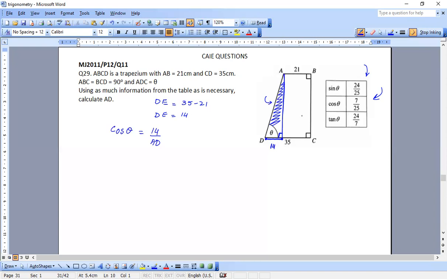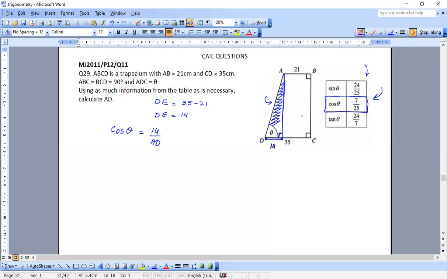As long as I do not know the value of theta, I'll not be able to calculate AD. And I cannot calculate theta. I'm not given theta. What I'm given is this table. In this table, they have mentioned that cos theta is equal to 7 upon 25. So I'm going to replace cos theta with 7 upon 25.